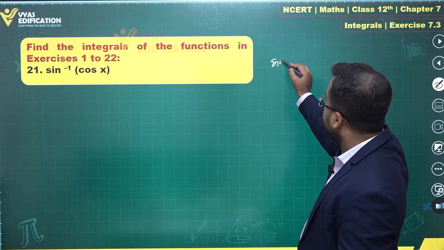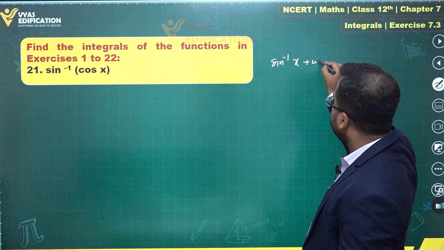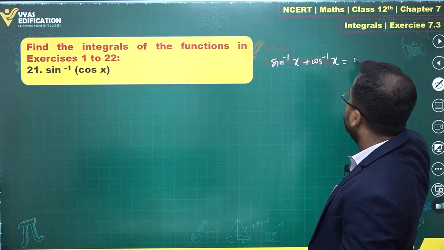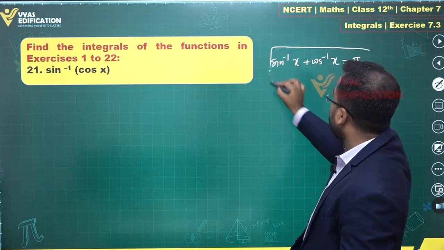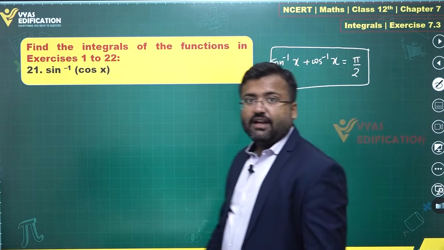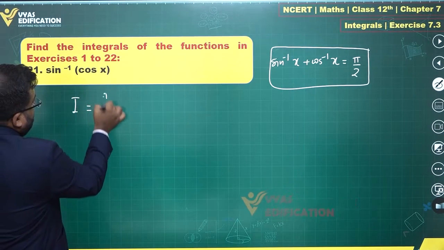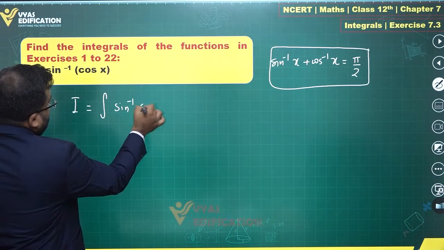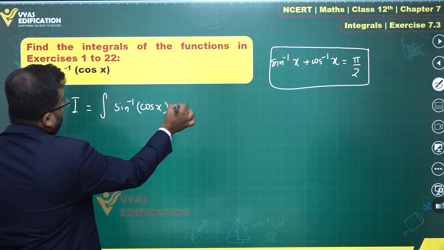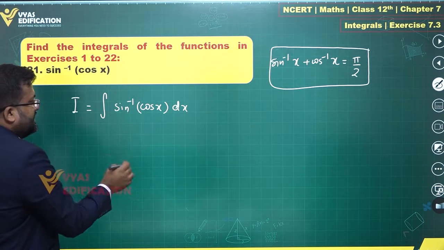And I remember that sine inverse x plus cos inverse x is equal to pi by 2. Using this idea, can I write I equals the integral of sine inverse of cos x dx? This is sine inverse of something basically.